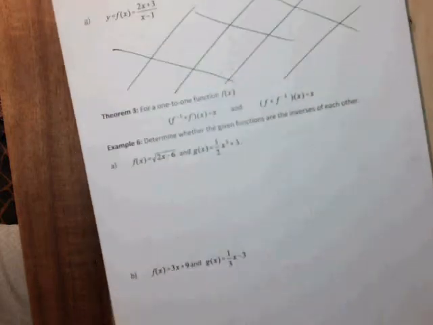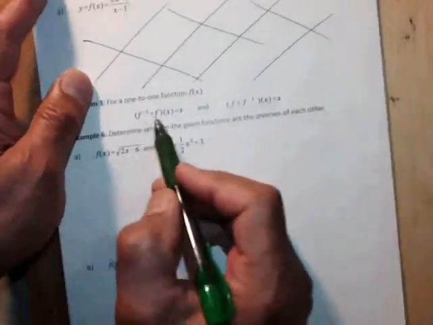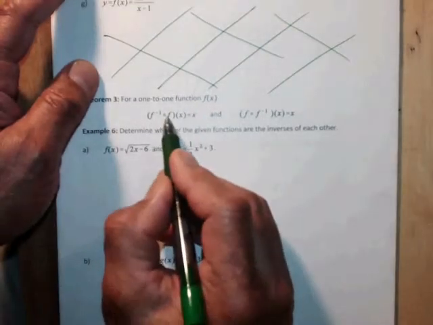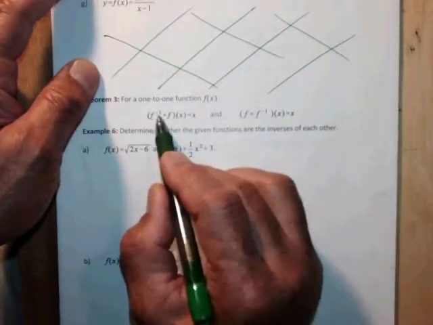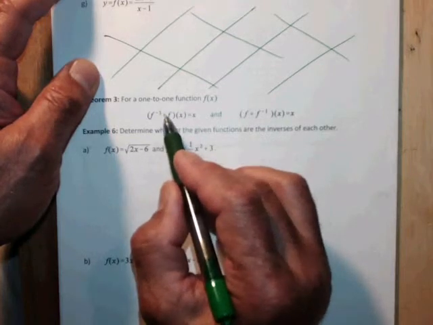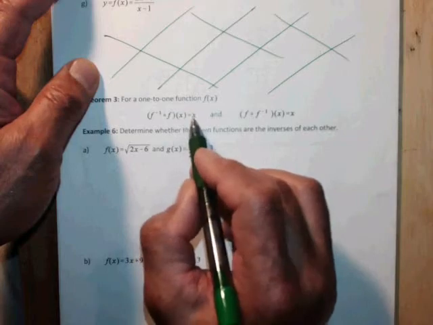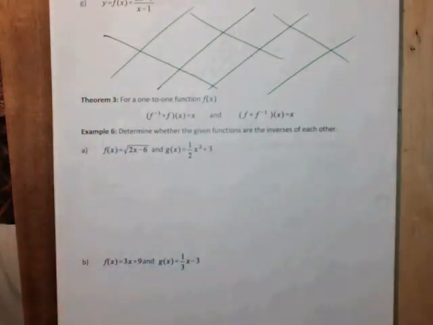So basically, if I compose a function with its inverse, it doesn't matter which one I write first. f inverse composed with f, or f composed with f inverse, at x, you always end up with x itself. Okay, that's one way to check whether two functions are inverses of each other.